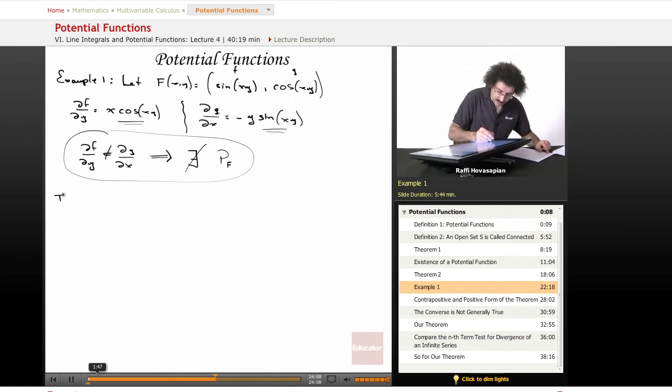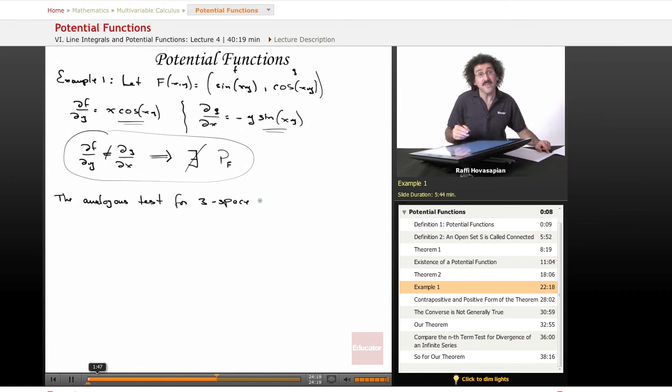So the analogous test for 3 space, now we're going to be talking about 3 variables, we just take them 2 at a time, is as follows.